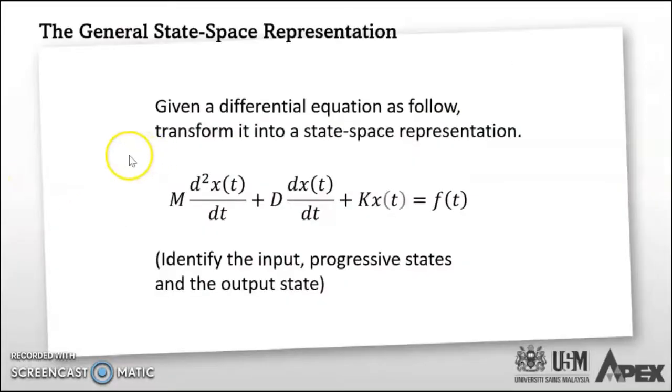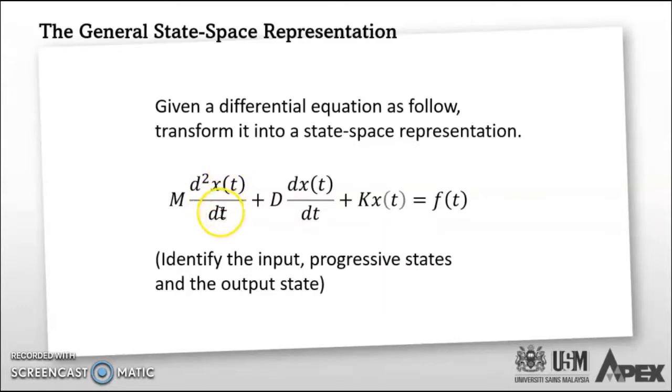And then, okay, how do we come up with that general state representation? So for example, we are given a differential equation as follows, and we want to transform it into a state space representation. So you have this, m is the mass, and d squared x over dt squared is supposed to be squared here.